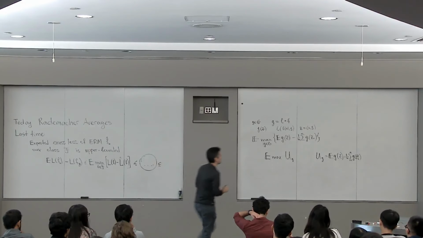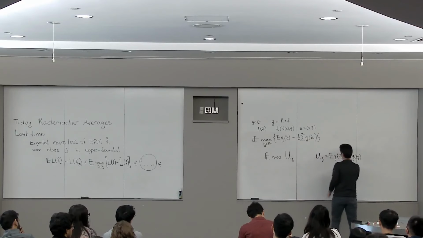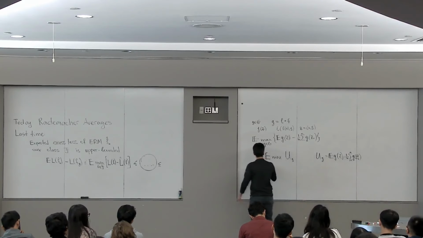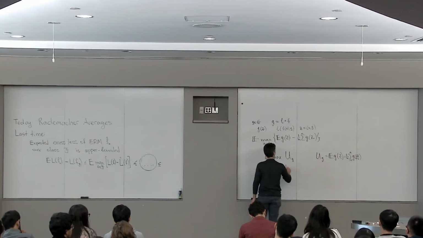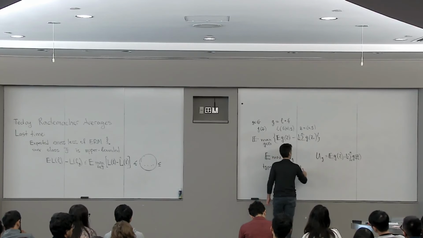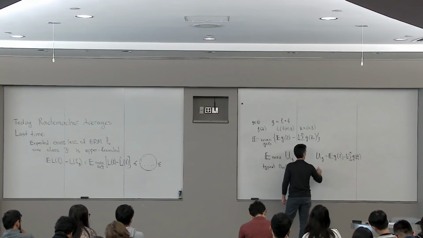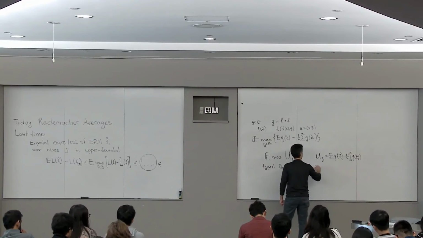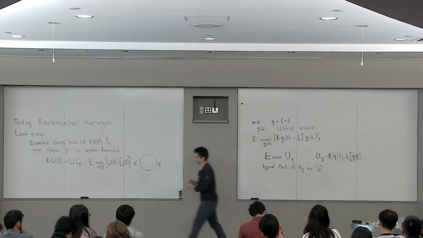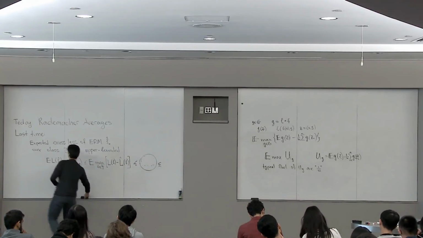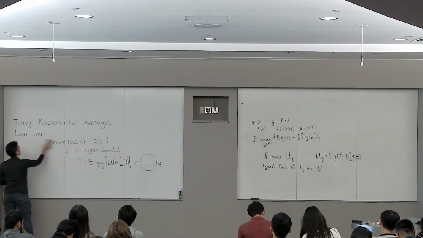So typical fluctuations of U_g are "1 over square root of n." I'm putting it in quotes because this is not a precise statement.